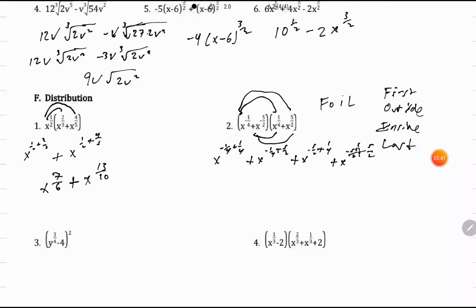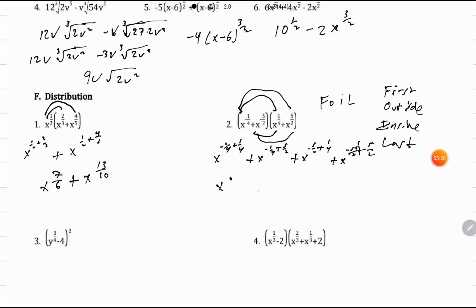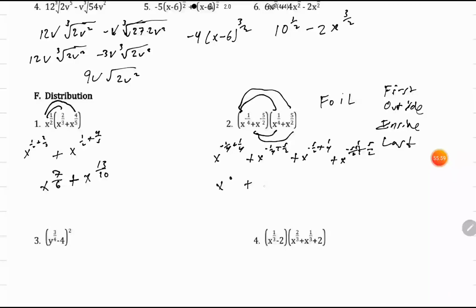Okay. It's not so bad. First one cancels. x to the negative 1/4 plus 1/4 is 0. Right? Yep. This is x to the 0. This is x to the 9/4. And then plus x to the negative 9/4 plus 1. Wow.